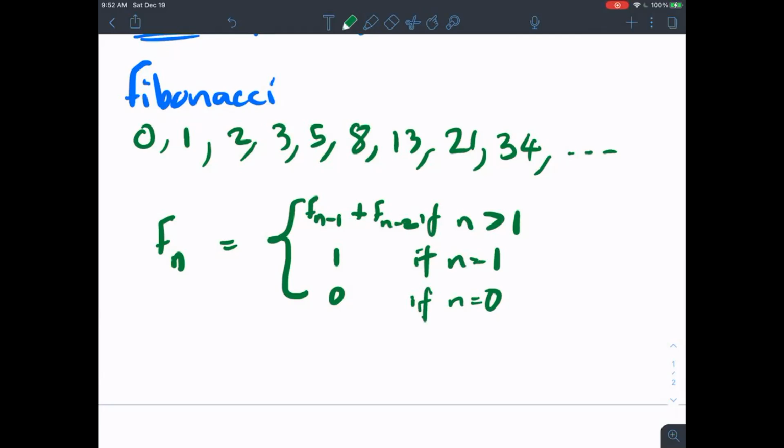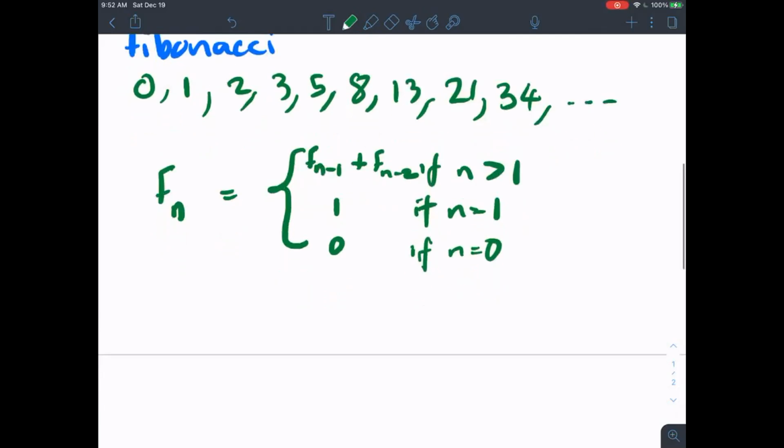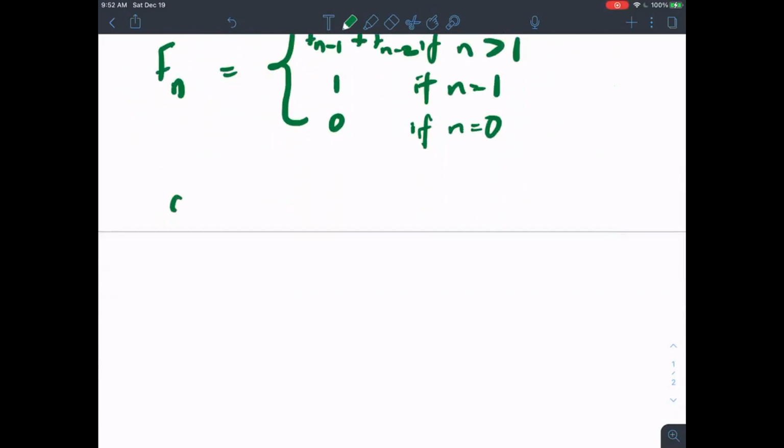So now let's look at when we defined our code in Python, let me use a different color for the code. When we defined the Fibonacci sequence, what did we say?